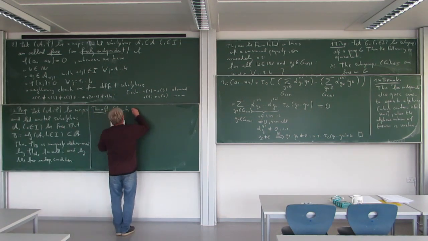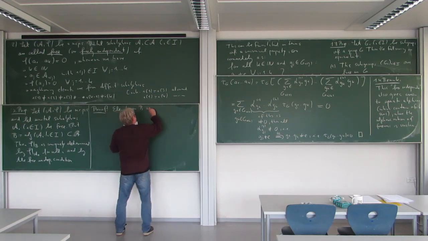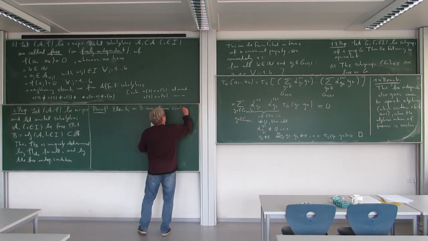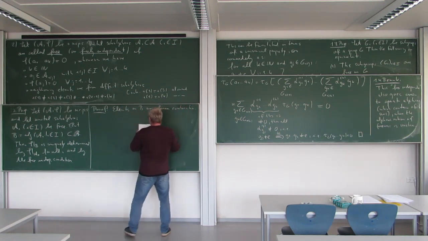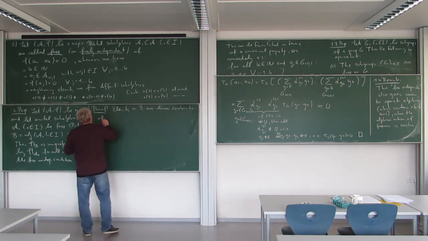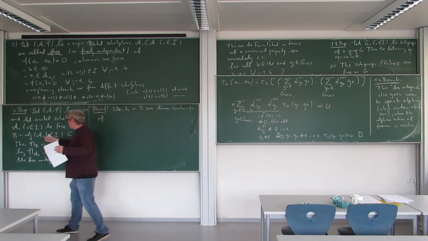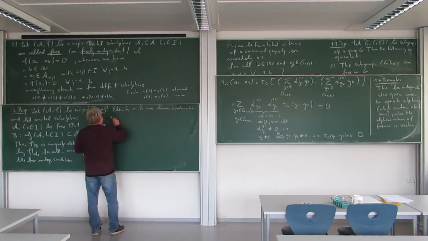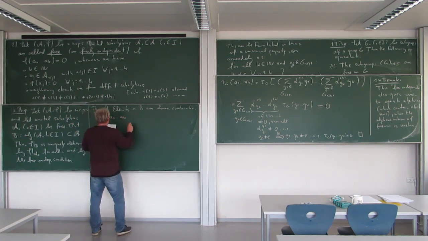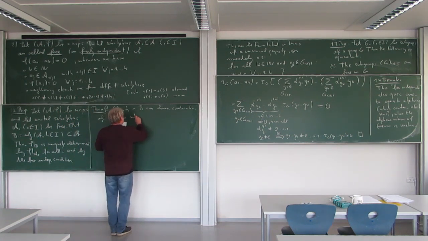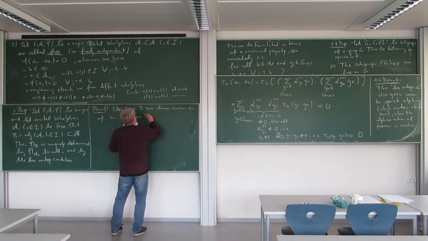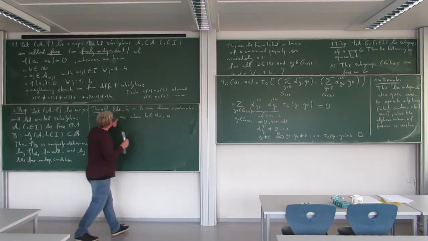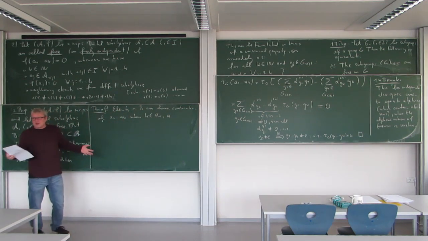So, elements in B are linear combinations of products where the factors are coming from some of the AIs, a product from 1 up to k for an arbitrary number k of factors, and the a's here are coming from one of the subalgebras.